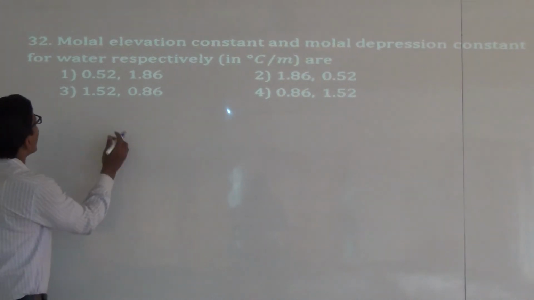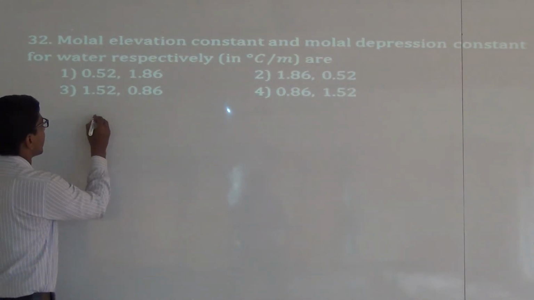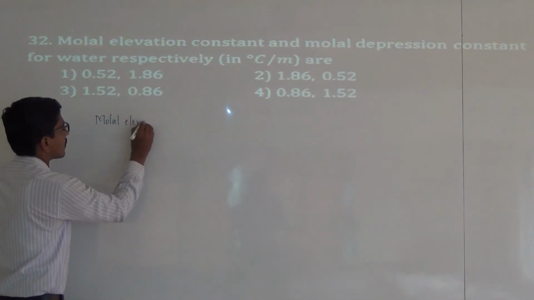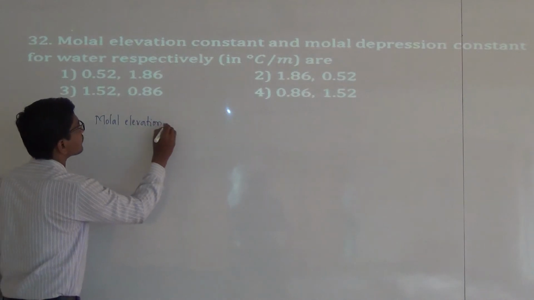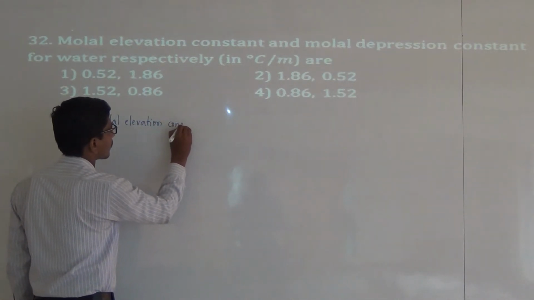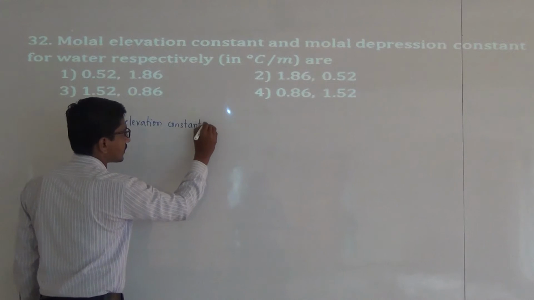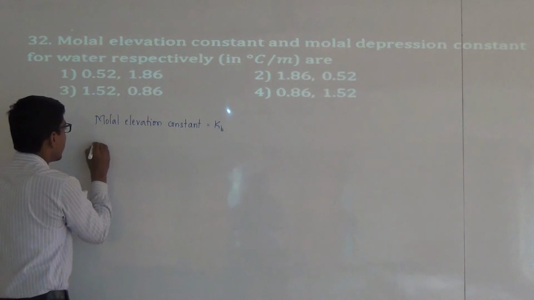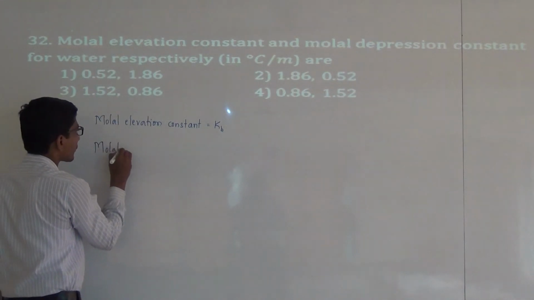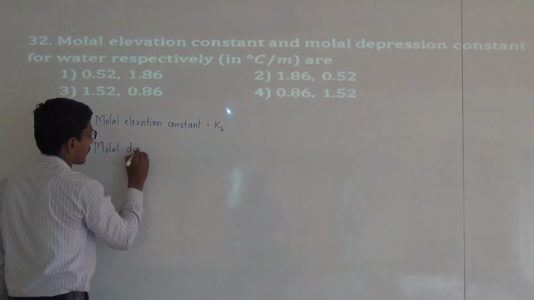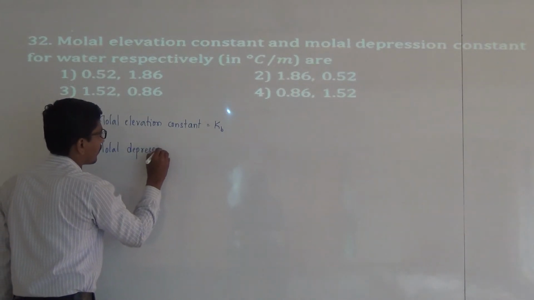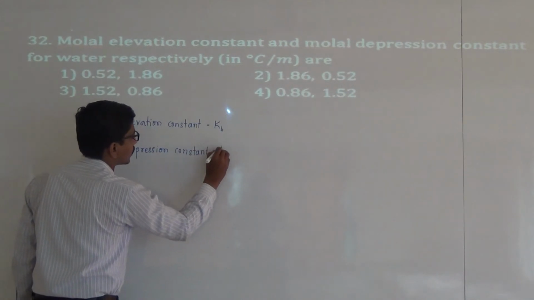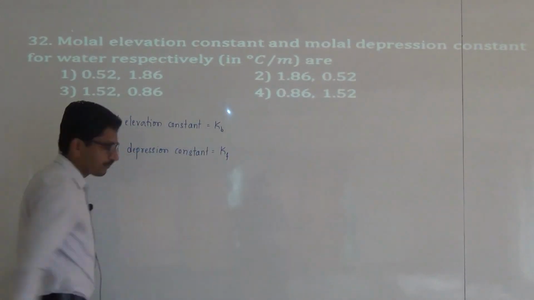The elevation of boiling point constant, that is molal elevation constant, is represented as Kb, and molal depression constant is denoted by symbol Kf.